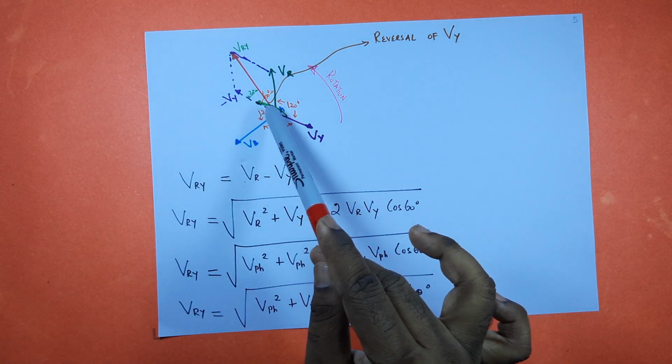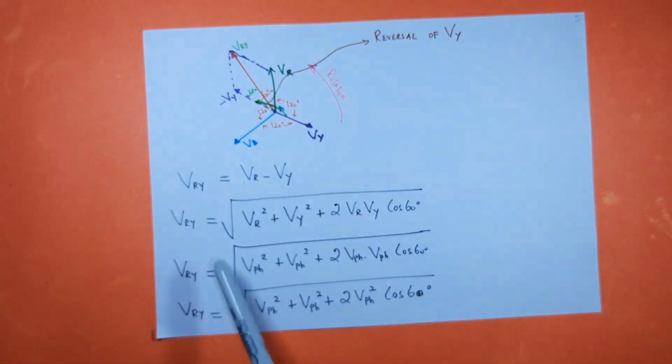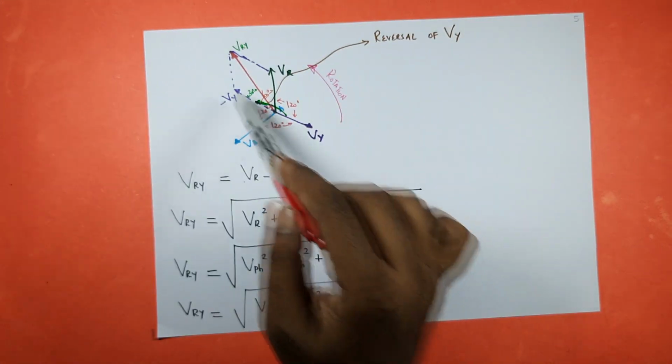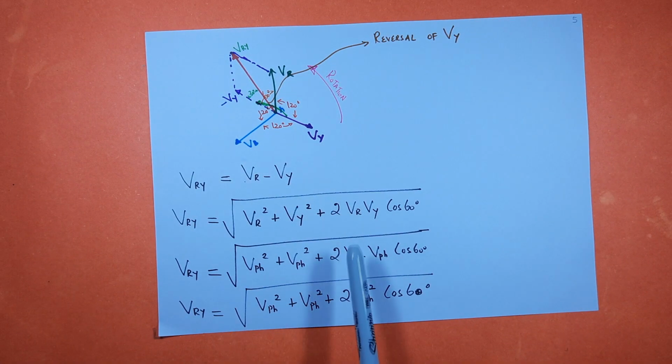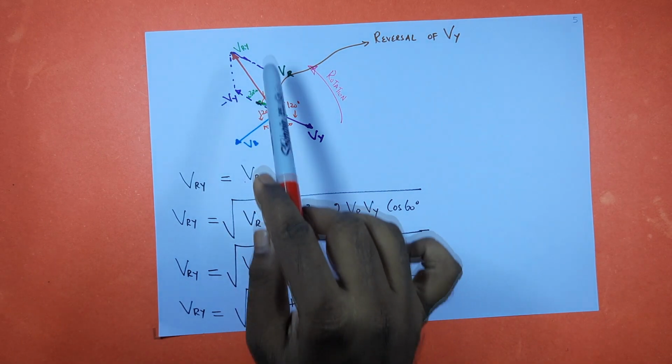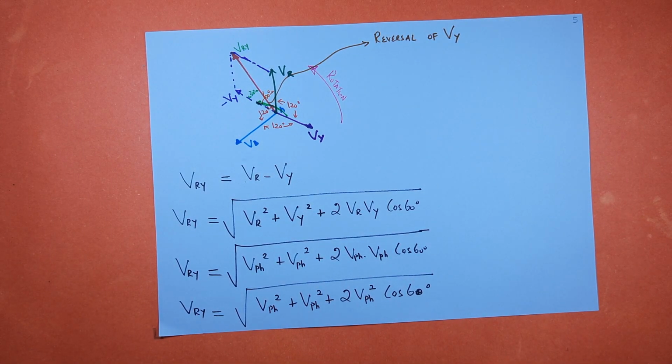So VRY, you can find it as the square root of VR square plus Vy square plus 2 VR Vy cos 60. That is the angle between these two phasors, which is going to be 60 degrees. So VRY equals square root of, see VR, these are all magnitudes, even this also magnitude.